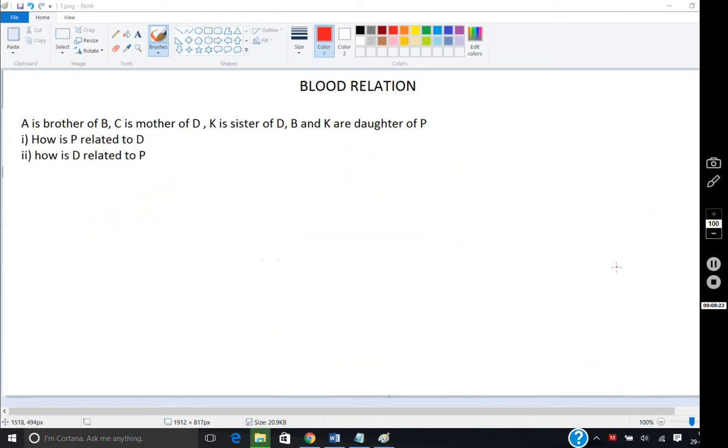Let's take one more example. A is brother of B. A will be here, and as A is a brother, A will be male.